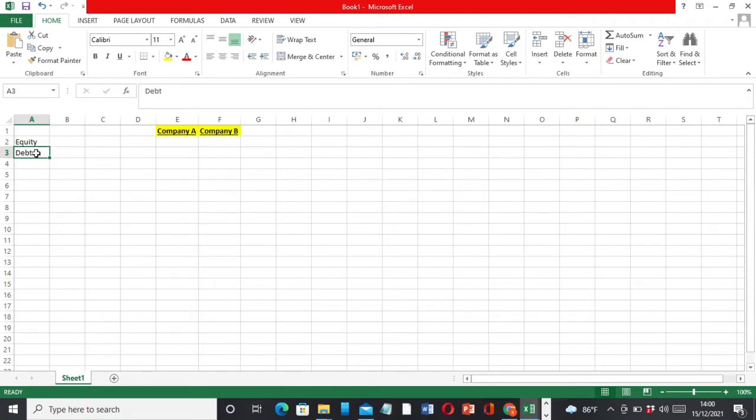Equity financing is where you invest your own money into your business, or maybe you and your friend invest money, putting capital into your business in exchange for shares or profits. So that's equity financing. It's your money or the shareholders' money or your partner's money. It's not a debt, right? So there are two ways: you can borrow, which is debt financing, or you can put in your own money or shareholders' money, which is equity financing. Two different sources of finance.